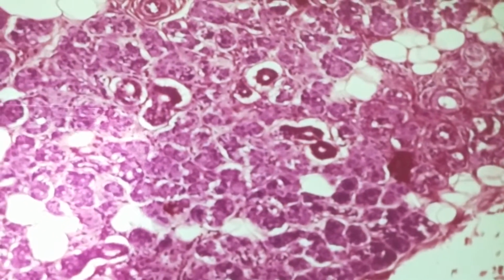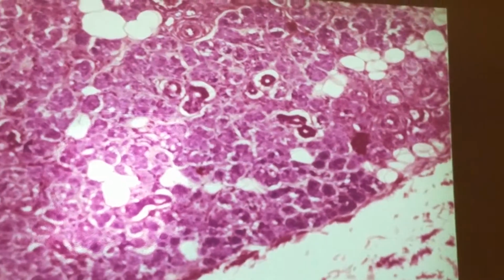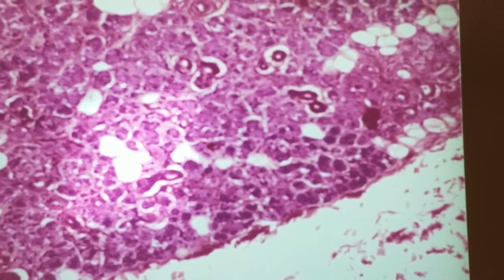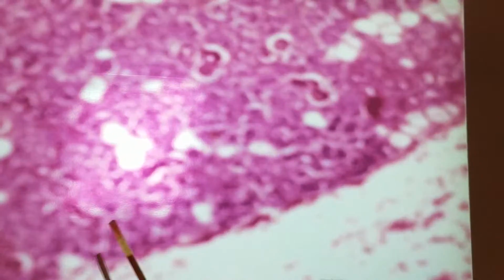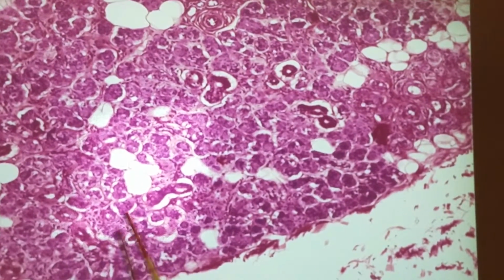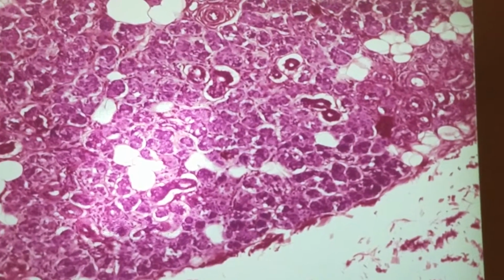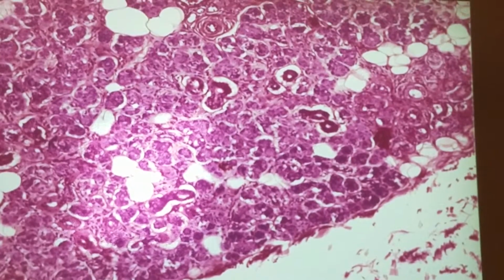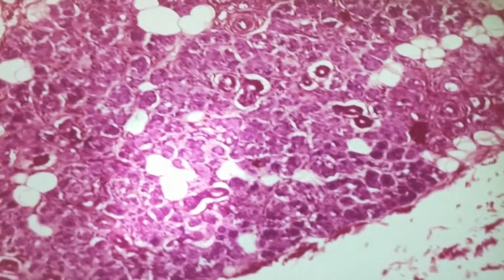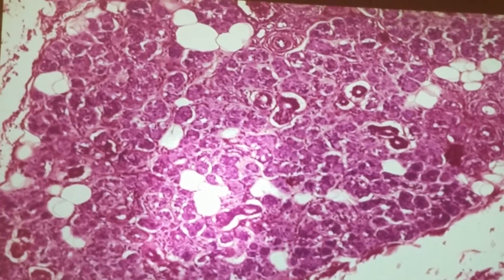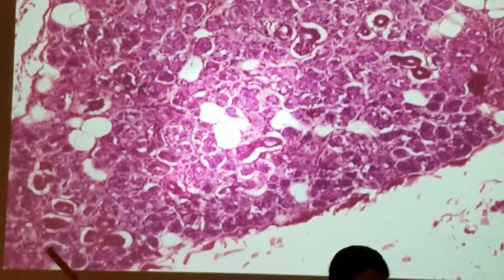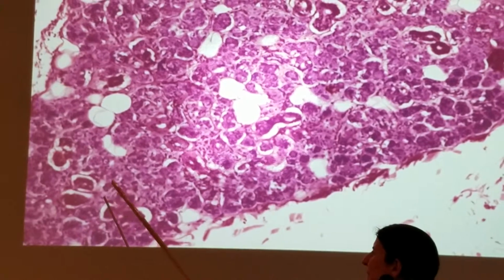And in fact, that would be one too. This one here is just kind of misshapen, but that would be it. And then I think, yep, these over here.